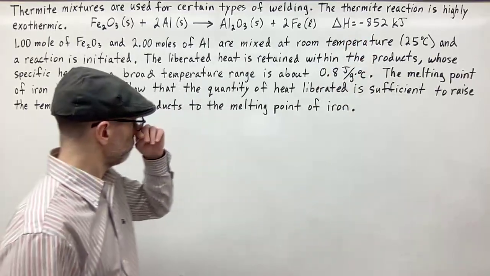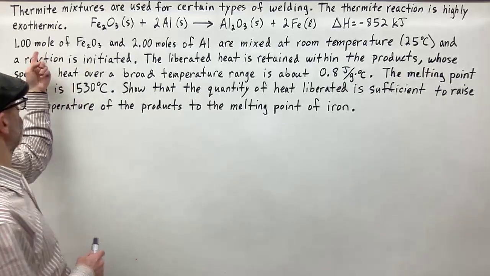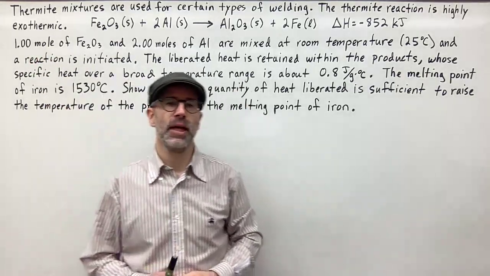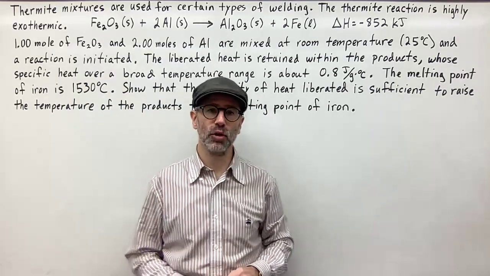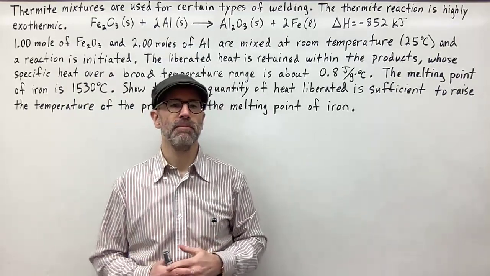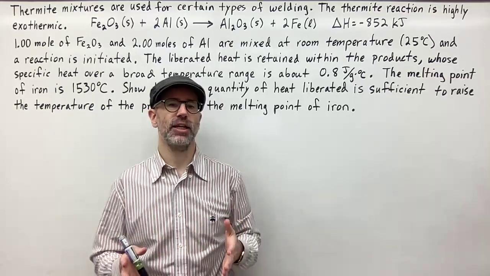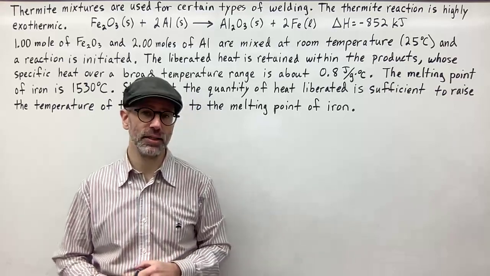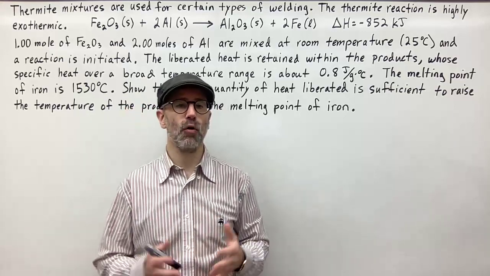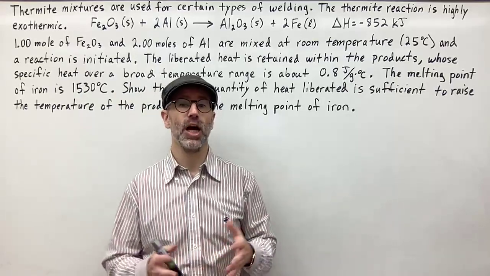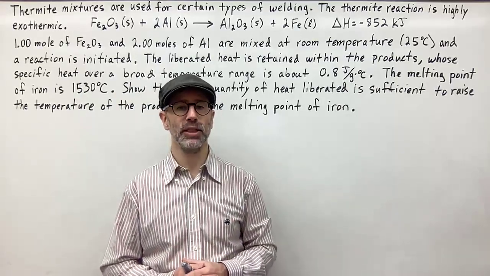Here we have 1 mole of Fe2O3 and 2 moles of aluminum. They're mixed together at room temperature, 25 degrees Celsius, and a reaction is initiated. The liberated heat is retained within the products, whose specific heat over a broad temperature range is about 0.8 joules per gram degree Celsius.